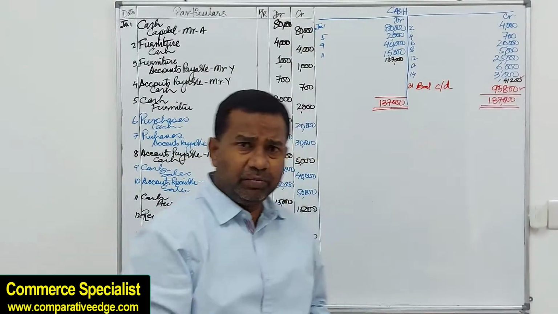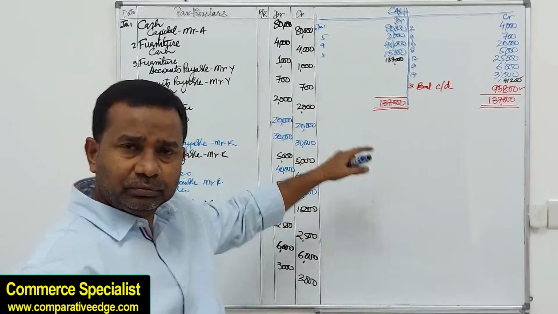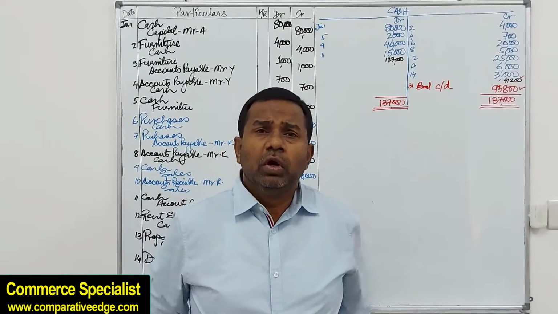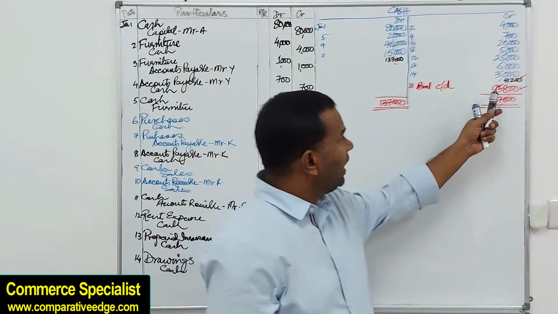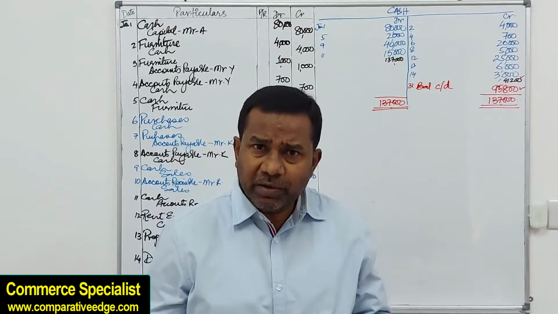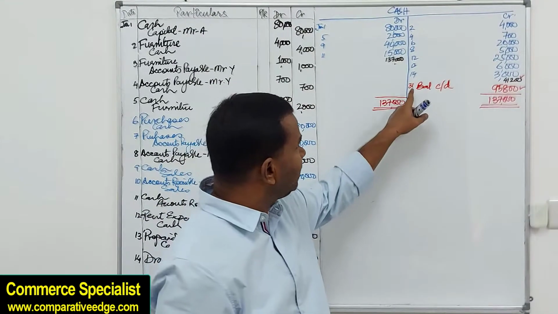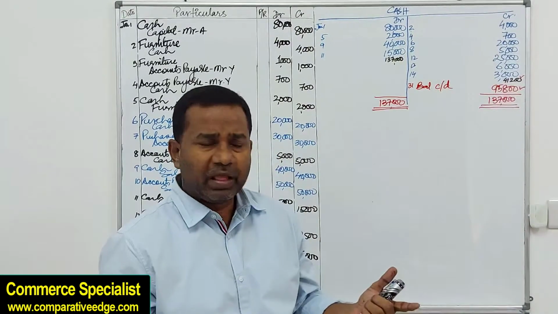Now, something is very important. If you look at this cash T account, if somebody asks you what is the balance of the account, the balance is 95,800. Is it an opening or closing balance? It's a closing balance. Look at the date, 31st of the month, 30th or 31st, whatever.